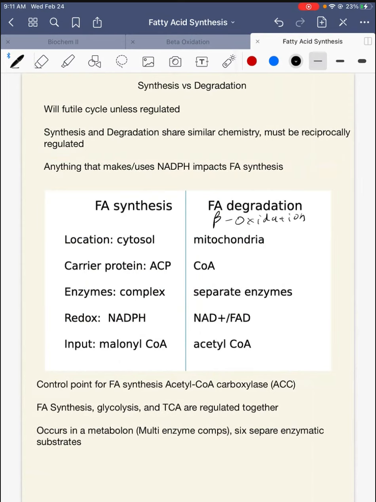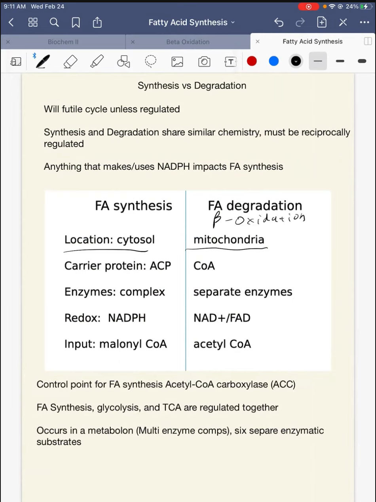Okay. So fatty acid synthesis, this happens in the cytosol, and then beta oxidation happens in the mitochondria. This is very important. This is one of the examples of regulation by location in the cell.